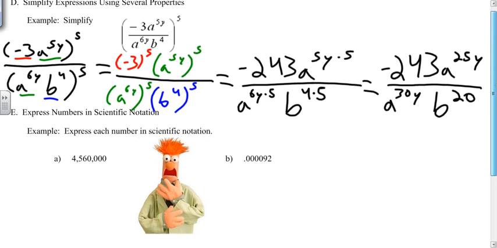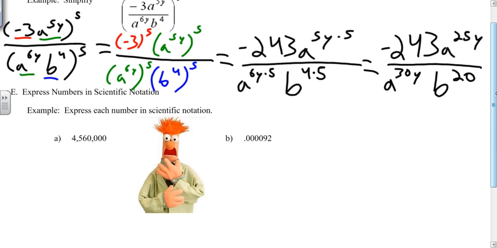Now we're not quite done here either, because we notice our similar bases. We have an a base in both our numerator and our denominator. So we need to subtract out 25y from both of these. That leaves us with an a to the 0 here, which just becomes 1, so we can get rid of it. And if we take away 25y on the denominator side, we are left with 5y. 30y minus 25y is 5y.